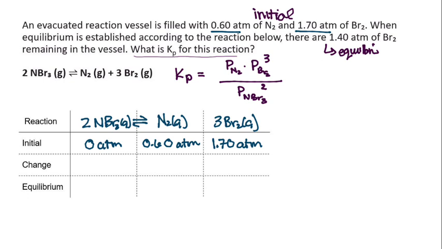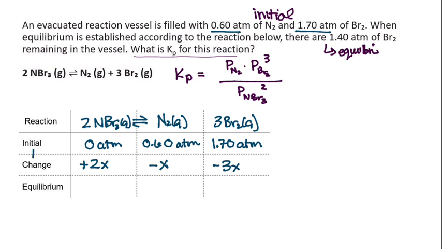In this case, I have to go from products toward making reactants, because I don't have any NBr3. So I'm going to make 2 equivalents of NBr3, which I write as 2 times x. That 2 is the stoichiometric coefficient. I'm also going to lose 1 equivalent of N2 and 3 equivalents of Br2 as those are transformed into NBr3.